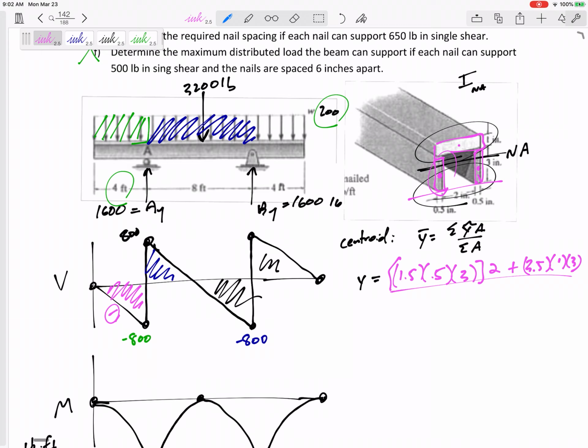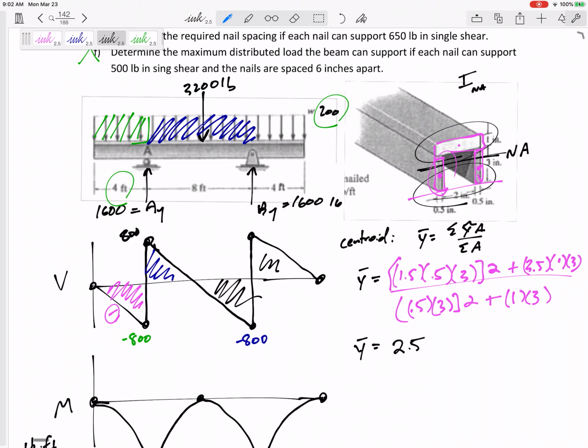All right, so that's the Y tilde times the area of one, the Y tilde times the area of the other one, and then the third one. I just multiplied this one by 2 because it's the same. Then the total area would be base times height, and there are 2 of those, plus base times height of the top. Total area. All right. So the location of the centroid is 2.5.